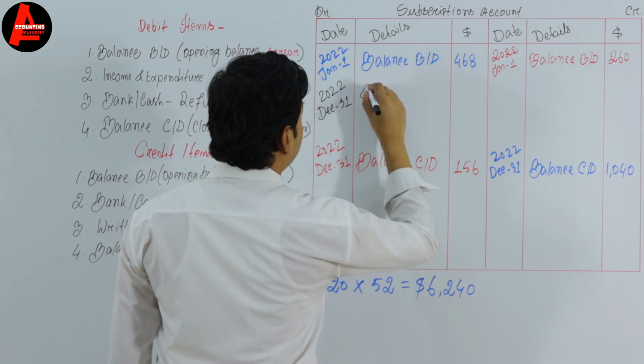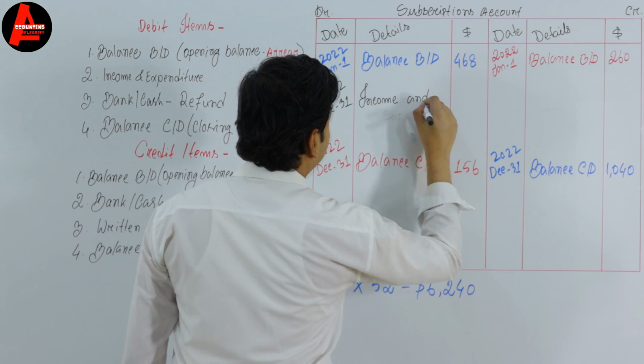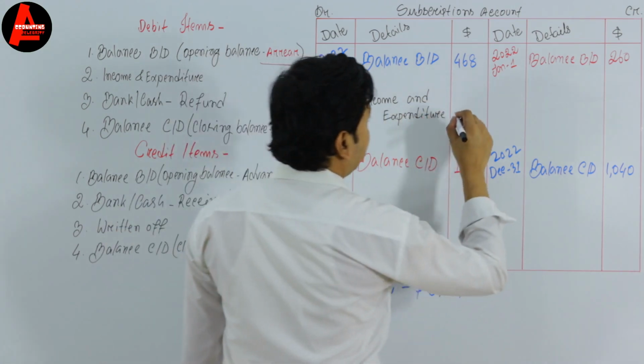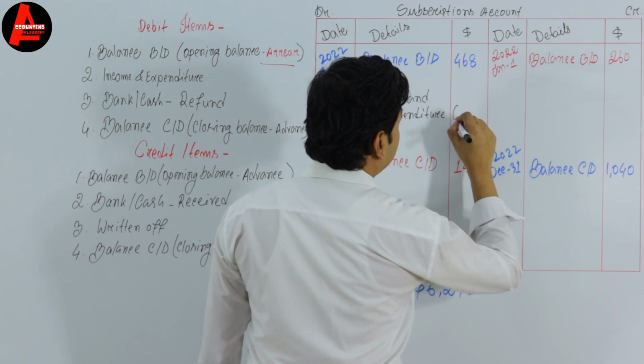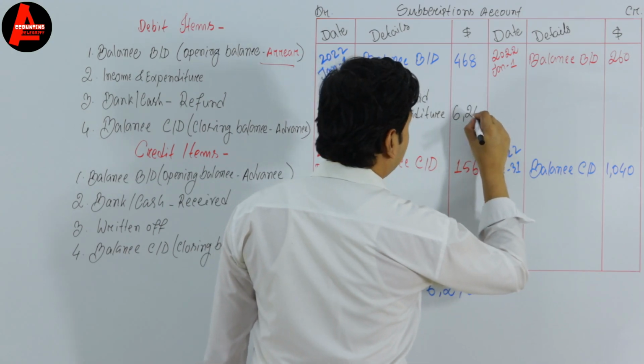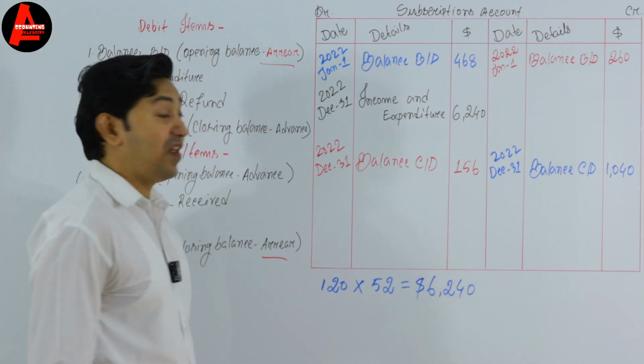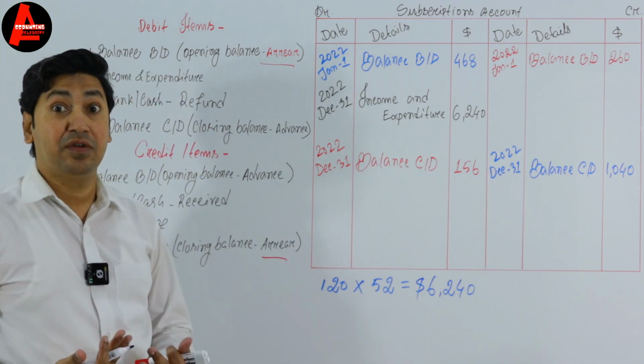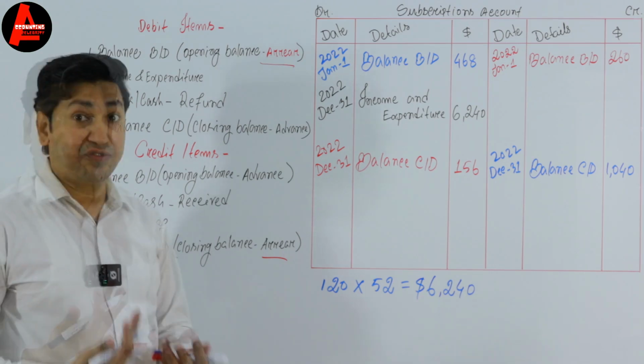We will write here income and expenditure account, and here we get $6,240. Don't forget this is the total amount the club is supposed to receive.